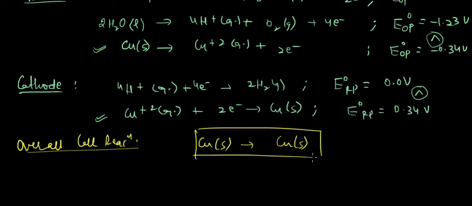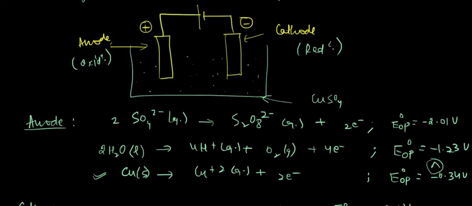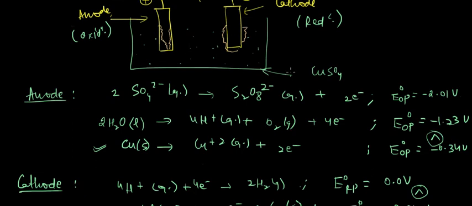This is nothing but the dissolution of copper at the anode, and this is deposition of copper at the cathode. So in the apparatus we can write that the copper is getting dissolved here and it is getting formed here. So this is the reaction which we are going to see.